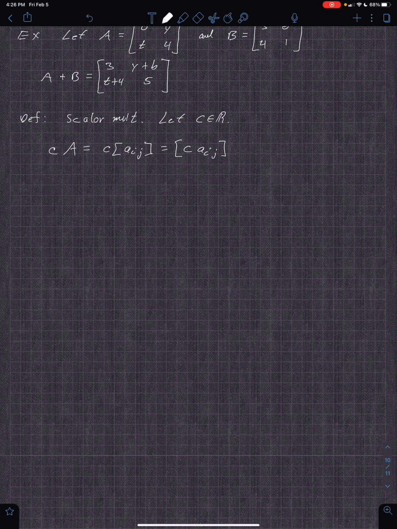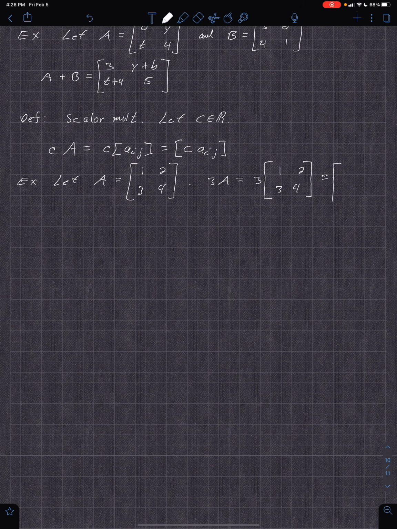Okay, so let's look at an example of that. So if we let A equal 1, 2, 3, 4, and let's say we multiply by 3. So 3 times A is equal to 3 times that whole matrix, 1, 2, 3, 4. I'm going to just show this once.